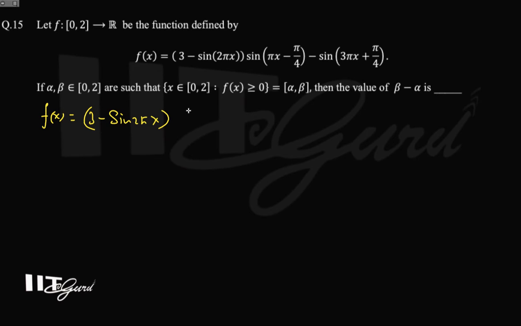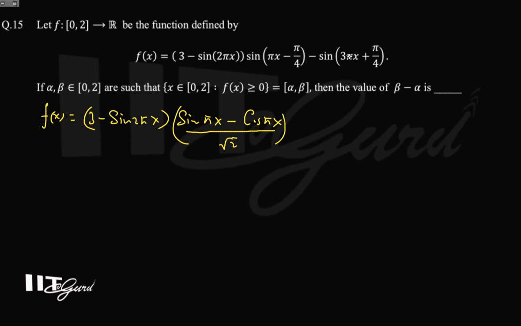Another bracket is sine of pi x. And when you open sine(a minus b) is sine a cos b minus cos a sine b. So that is 1 by root 2, pi by 4 value of sine and cos, that is sine pi x minus cos pi x, upon root 2.